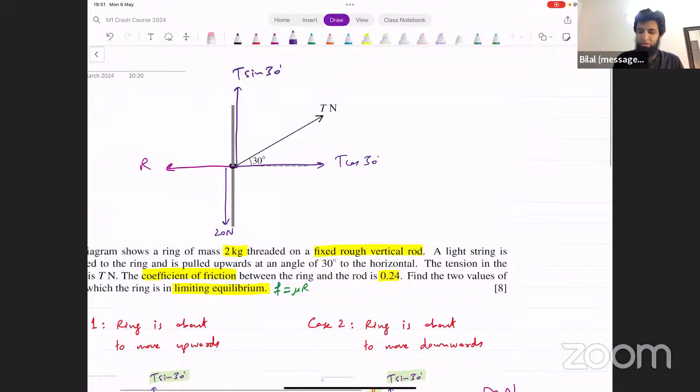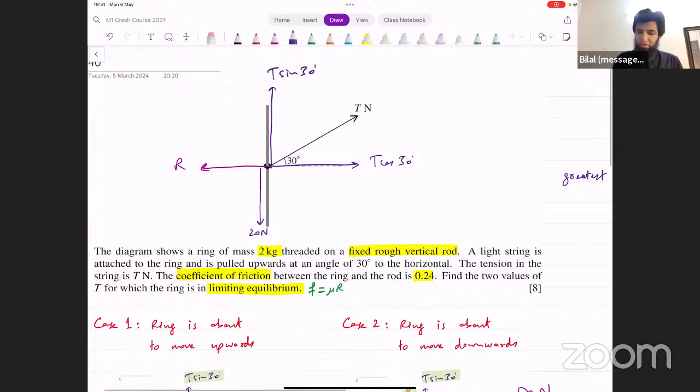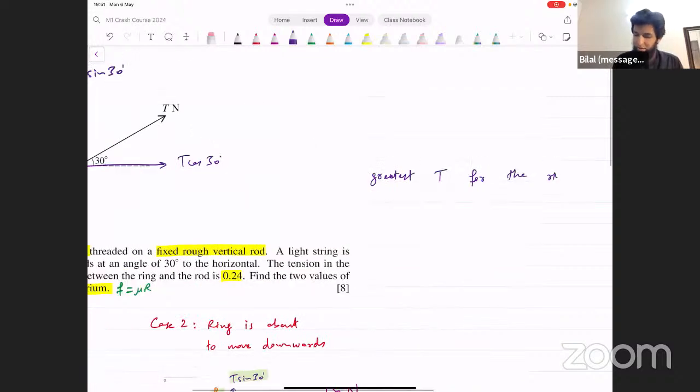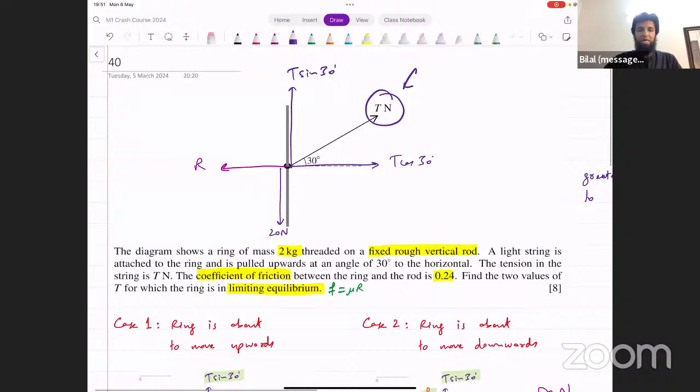So they might have asked you, find the greatest possible value of T for this particle, for the ring, to remain in equilibrium. This could be another statement that you could get in this case. Now, what's happening is you've got this force T that's applying here.